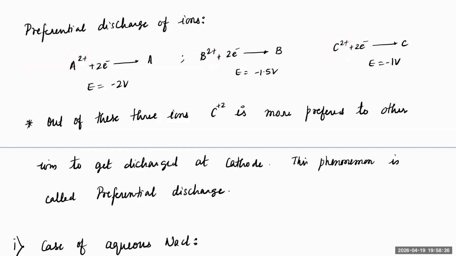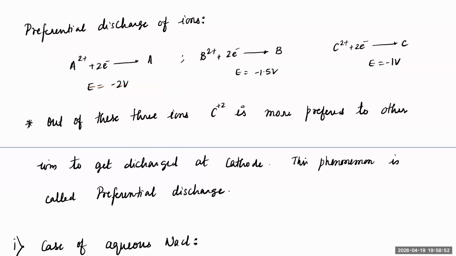If they are moving towards the cathode, and the reduction potentials of these ions are -2, -1.5, and 1, then definitely, based on the E naught values or the reduction values, C2+ has a relatively higher value compared to the other two.